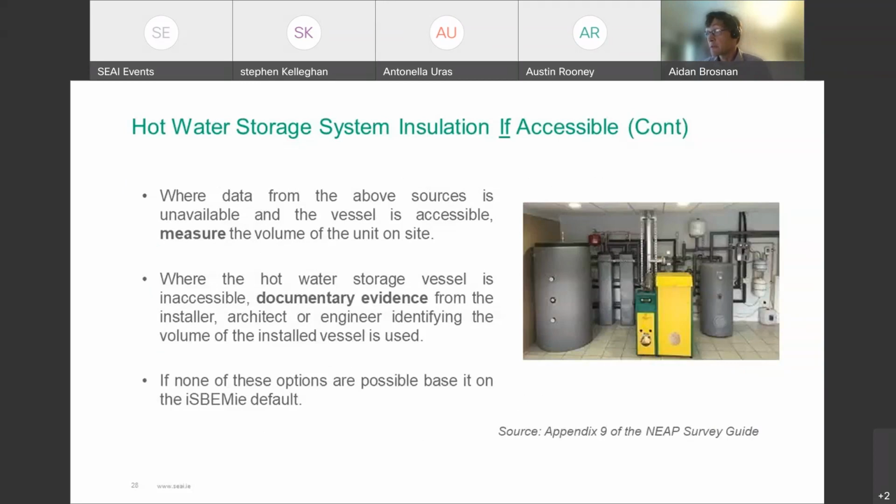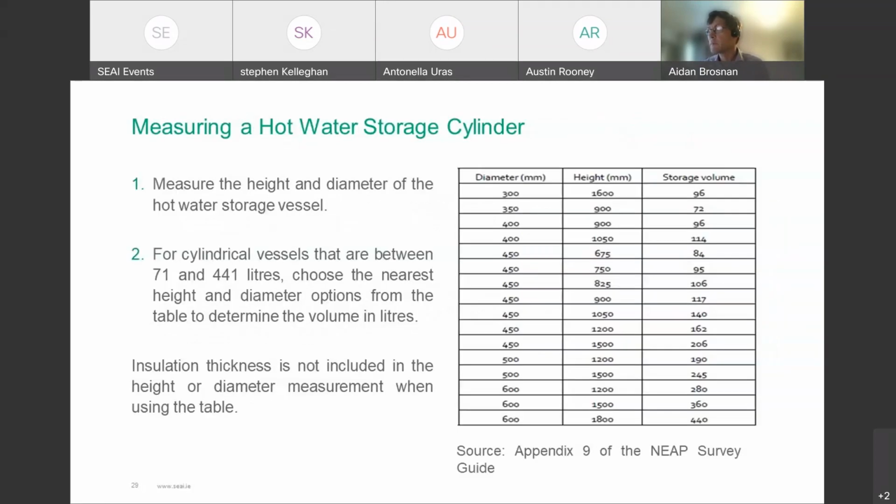So there is some guidance in the survey guide to measure up. So I'll be in a slightly later slide. Obviously, defaults are a last resort if maybe the cylinder is accessible or something like that. So to measure the cylinder, there is this table available in the survey guide.